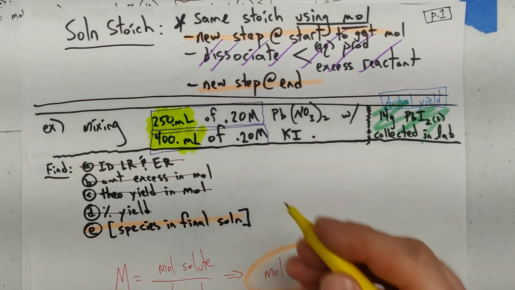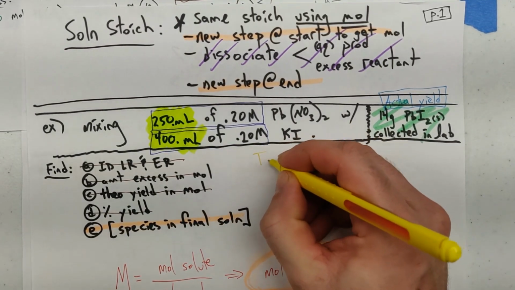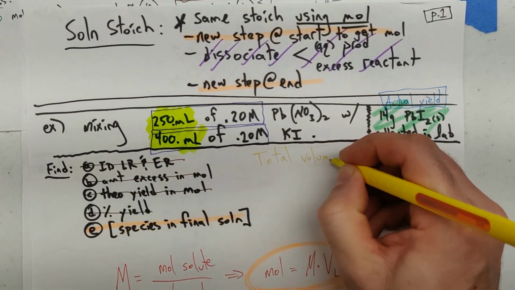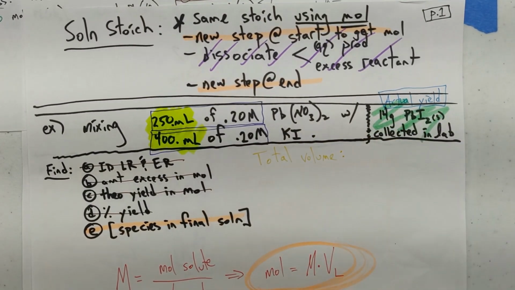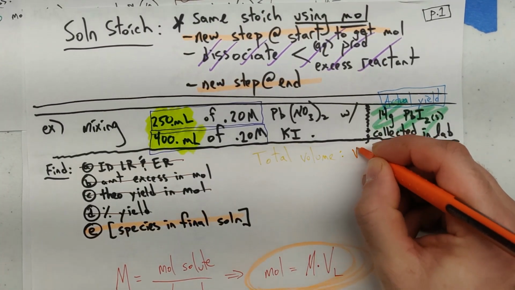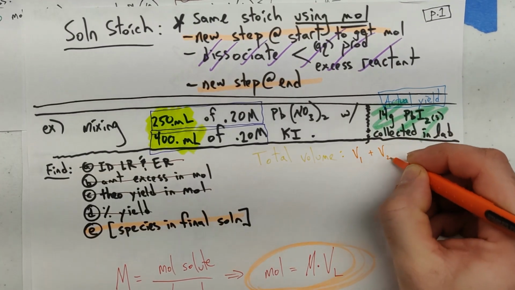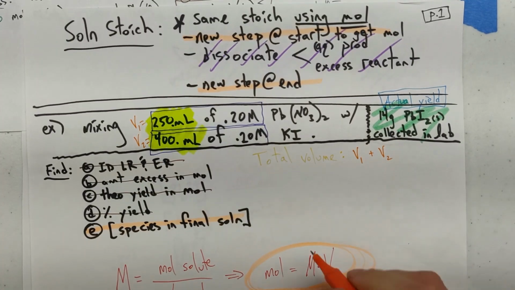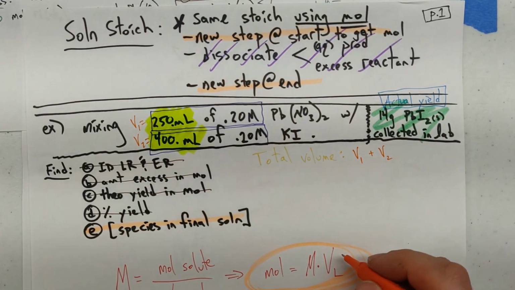Let's see if this color shows up. To get a total volume, we better improvise. We're going to have to take the first volume plus the second volume. And we'll just call that V1 and V2. Doesn't really matter. Saying this is more work than it actually is.